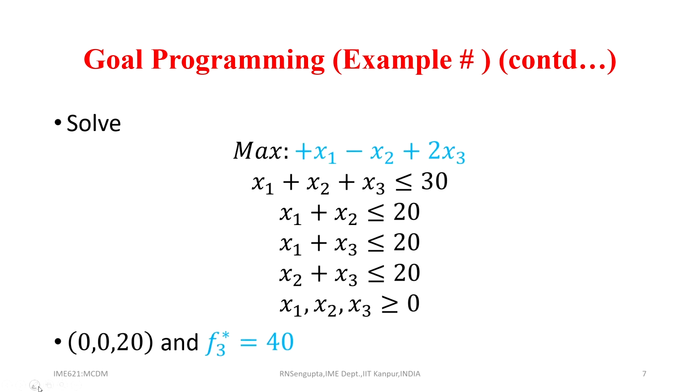Third case, the decision variable vector is 0, 0, 20 and F3 star is 40. So it is 20, 0, 0; 0, 20, 0; 0, 0, 20, and F1 star, F2 star, F3 star are all 40 each.